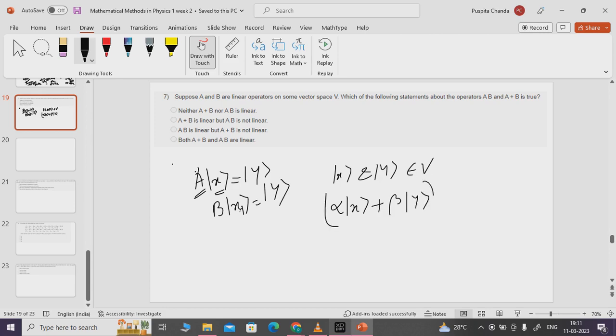For linearity we can check two properties.